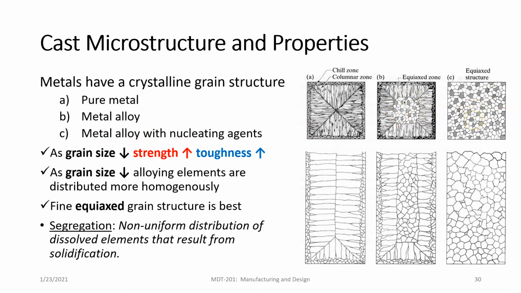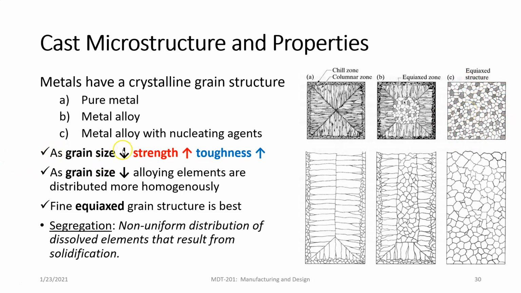These are agents that we add in there, such as the magnesium with the ductile iron, that are going to help it to make a completely equiax structure here. Okay, so this is kind of what we're used to seeing.